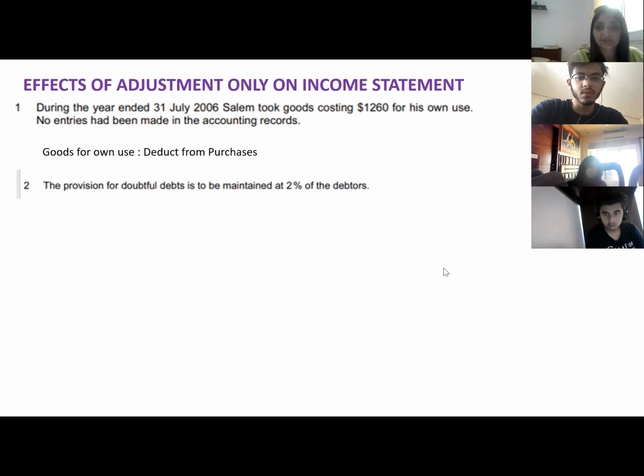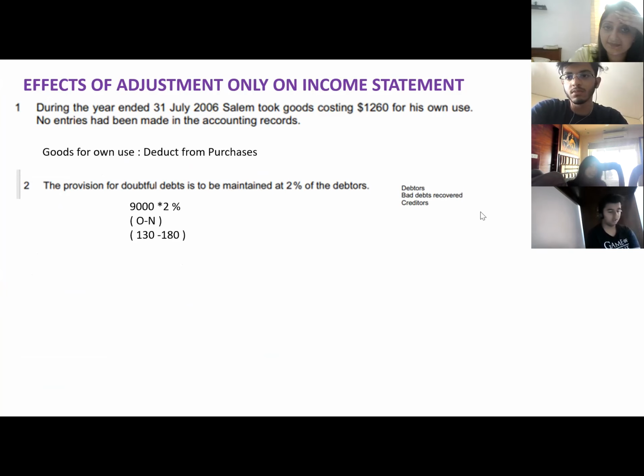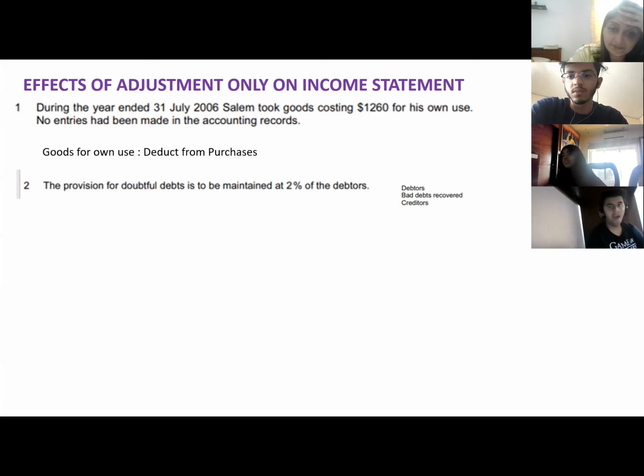Second adjustment. Provision for doubtful debts is to be maintained at 2% for debtors. They have shared the information related to debtors, and they've given you this adjustment. What will you do? You take 2% of 9,000.